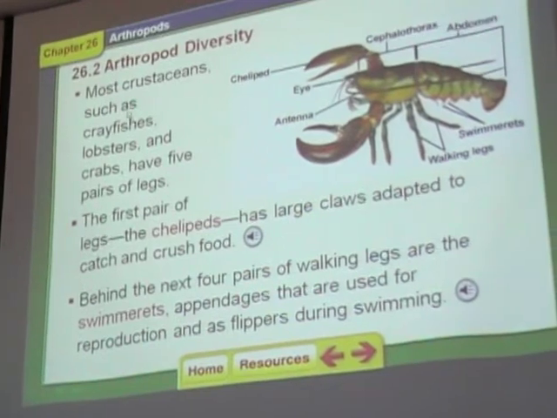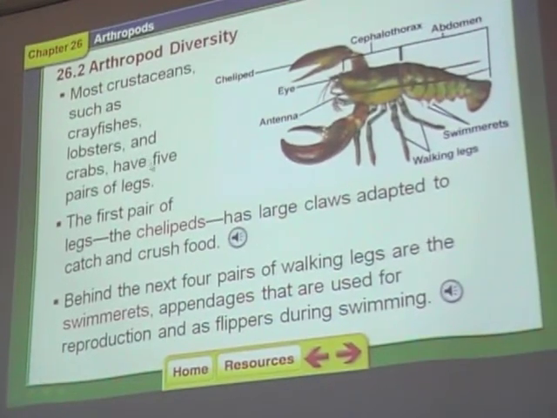Most crustaceans, such as crayfishes, lobsters, and crabs, have 5 pairs of legs. 1, 2, 3, 4, and this big one. That's not a leg, bro. It is. The first pair of legs, the chelipeds, has large claws adapted to catch and crush food.